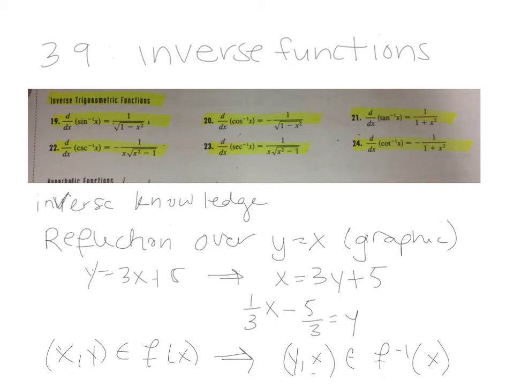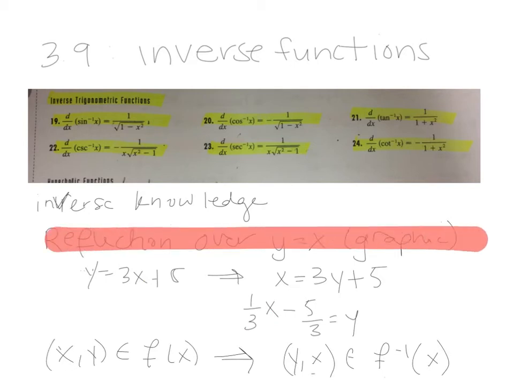One thing you might know about inverses is that it's a reflection over y equals x. The other piece you might know about inverses is that the x, y in f is the y, x in the f to the negative 1. Okay? So this is all stuff that you should know about inverses. However, some of it you may need this review.